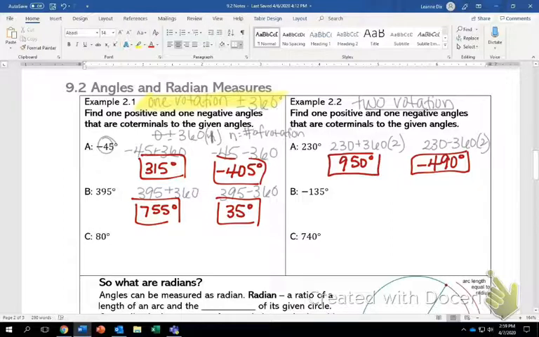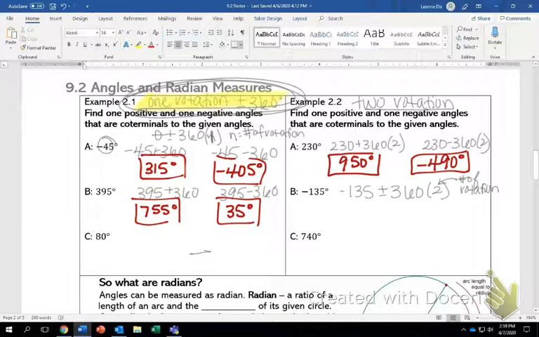Same thing again with our next one, negative 135, and I'm just going to shorten this up a little bit, plus or minus 360 times 2. Remember, this is our number of rotations. If it doesn't specify the number of rotations, please do 1 rotation.